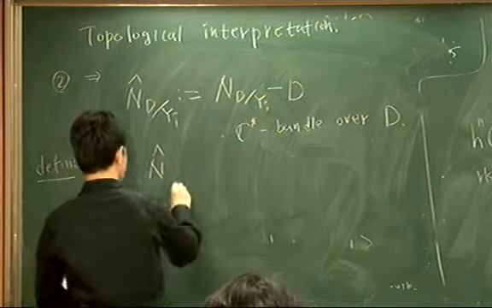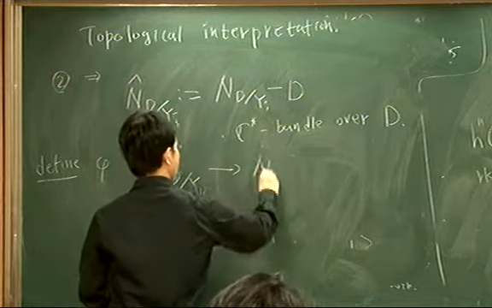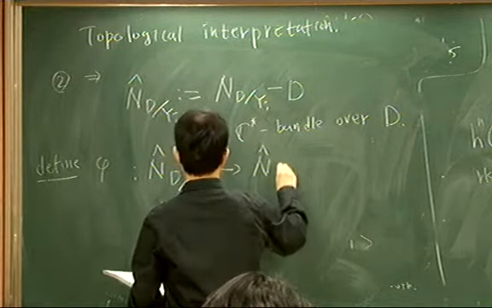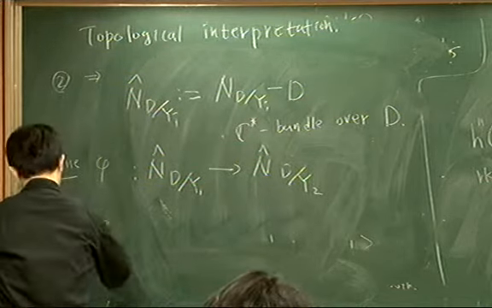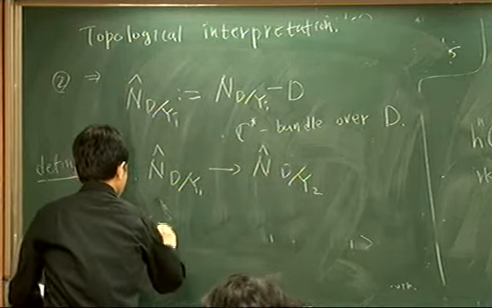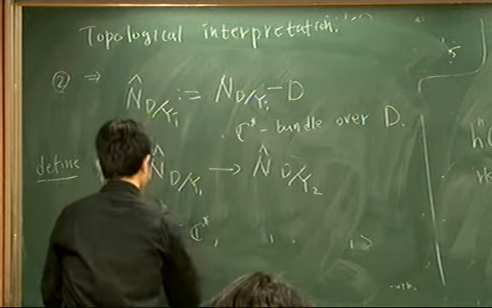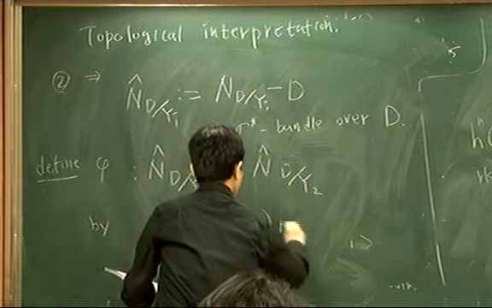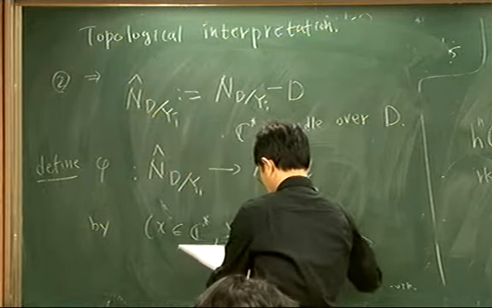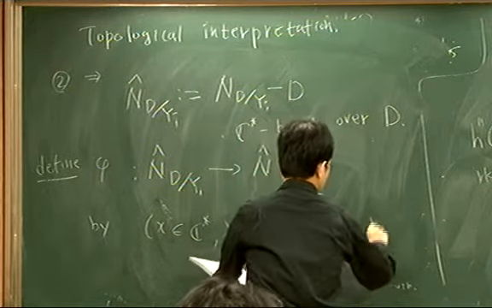Then you can define a map from N hat dy1 to N hat dy2, so let's say x contains C star. So this is a fiber and y is on D, and it goes to all over x y.